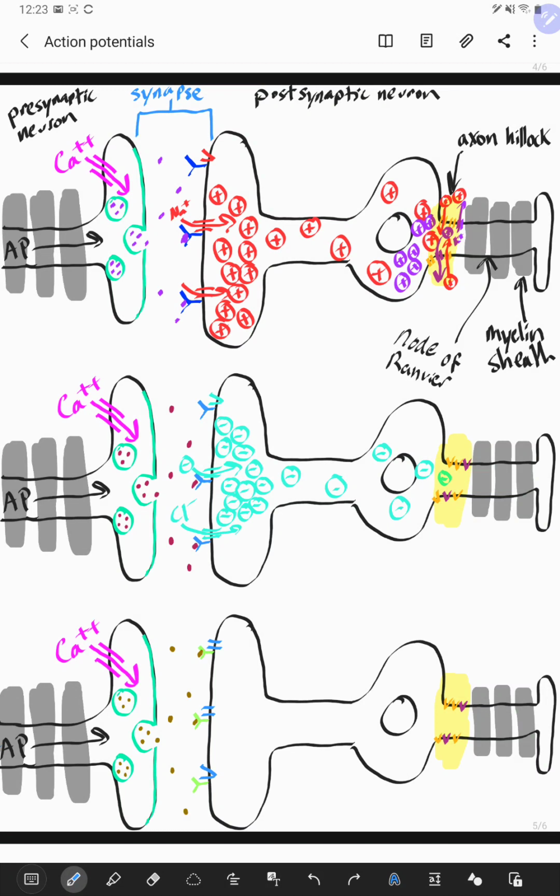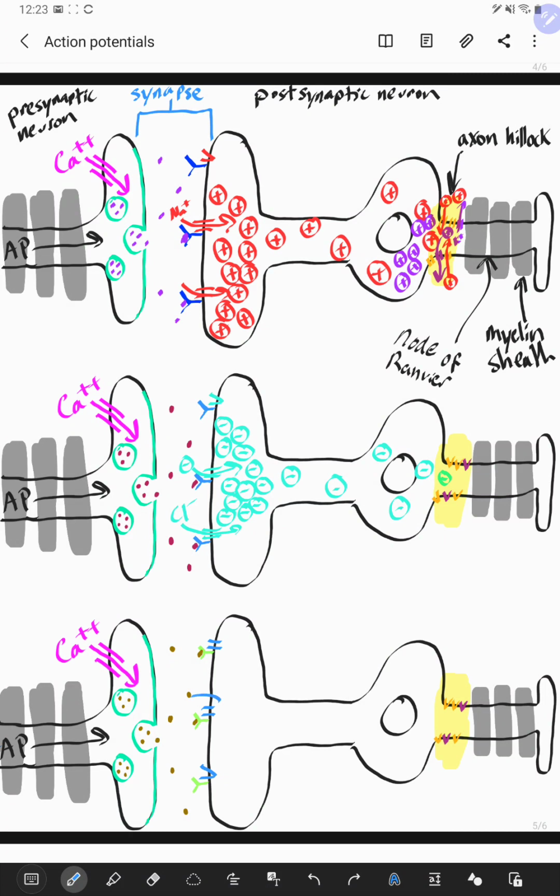And these ligand-gated ion channels are specific to specific ions, just like in these other examples. And this one that I drew in this blue color is going to be for potassium. This is going to be a ligand-gated potassium channel.